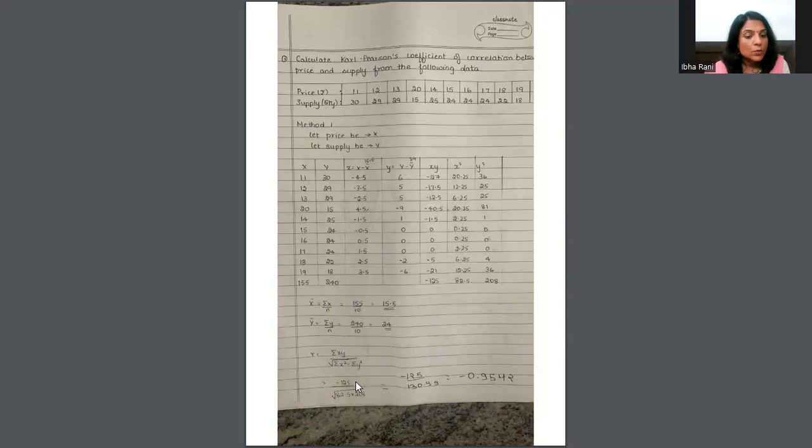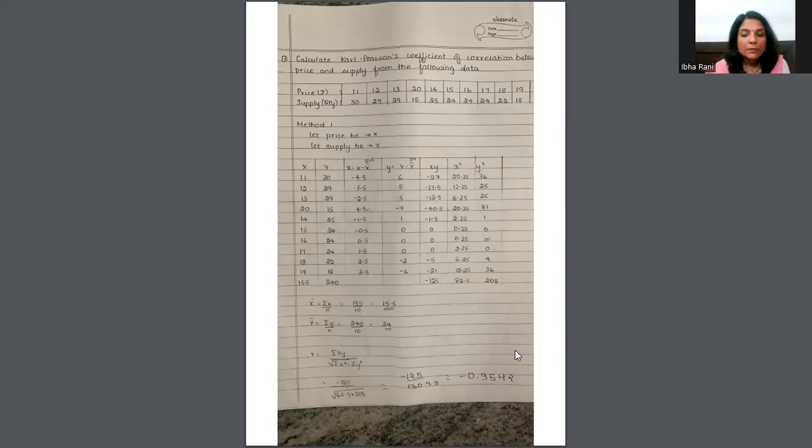So minus 125 divided by root of summation of x square, that is 82.5 multiplied by 208. So we have calculated the R value.